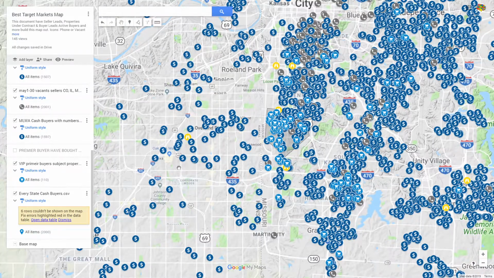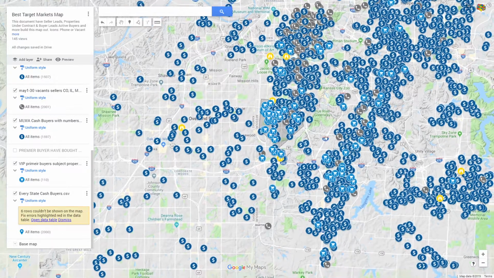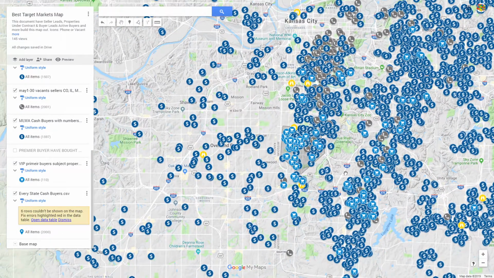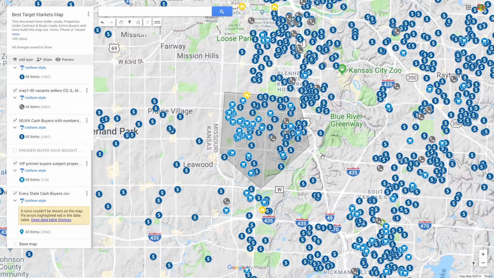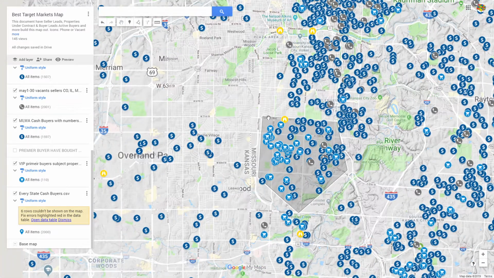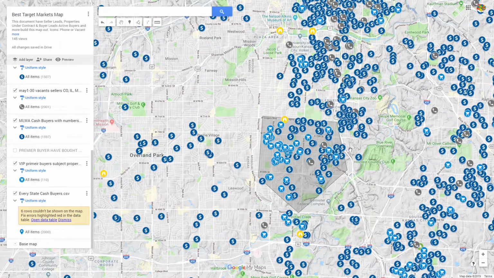So then we have deals that we actually have mapped out. But as you see, what I did was I formed this area here. Okay, I formed this area.